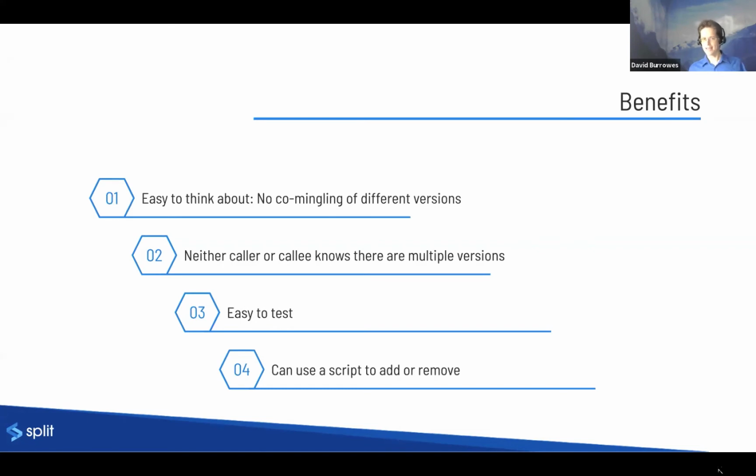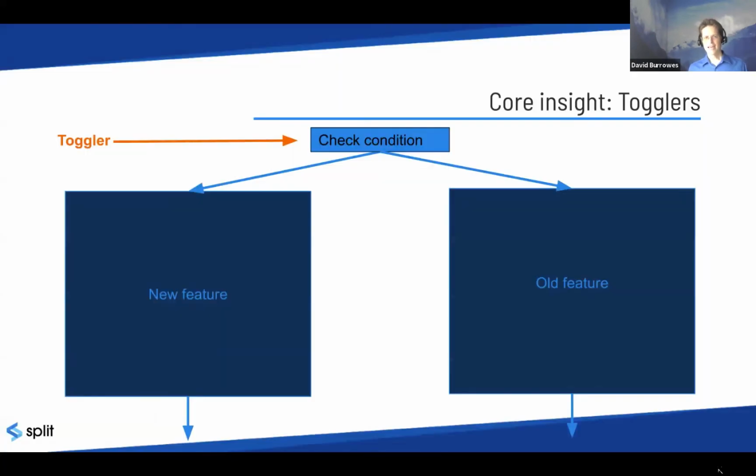The callees have no idea that they're part of a feature flag situation. As a result, both the caller and the callee code are much easier to reason about. They're easier to test. Each one is completely separate, so you don't have your unit test trying to multiplex which version of the code to use.